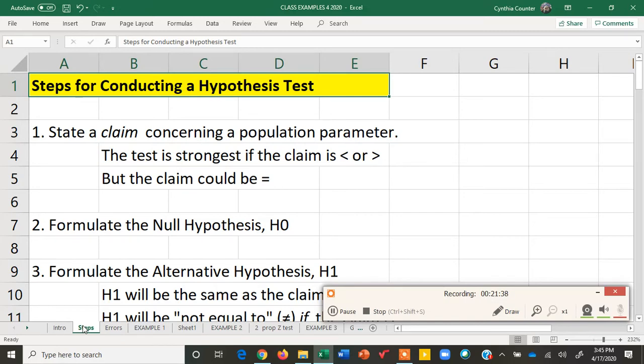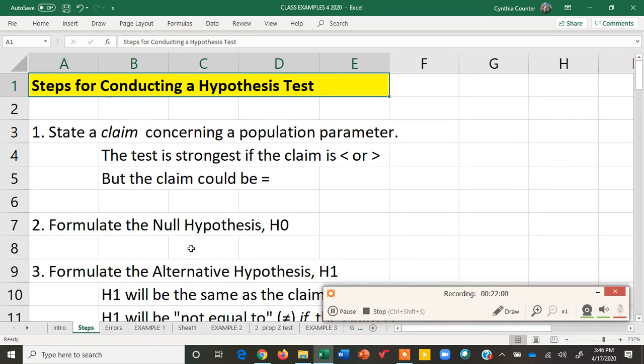So first thing is we are going to state a claim. And the best tests are if the claim is a less than or greater than, but the claim could be equals to. In this class, in this section, in my videos, we're going to make claims of strict inequalities, less than or greater than.